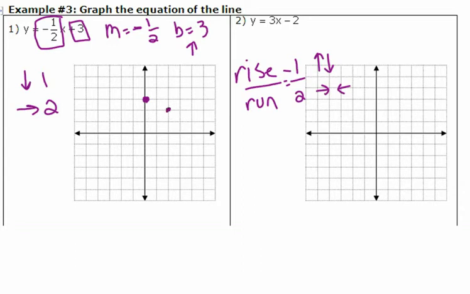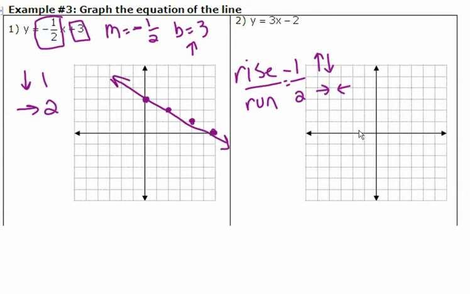Once I do that, I make another point. Down 1, over 2 to the right, I make a point. Once you have about 4 points, you've got enough, and you can draw your line.